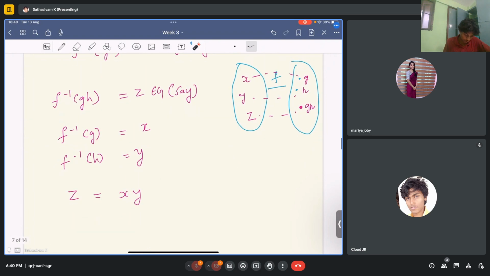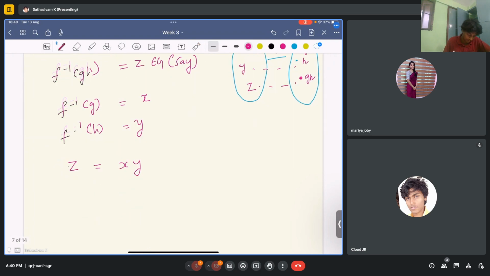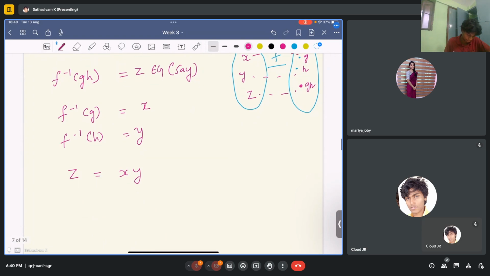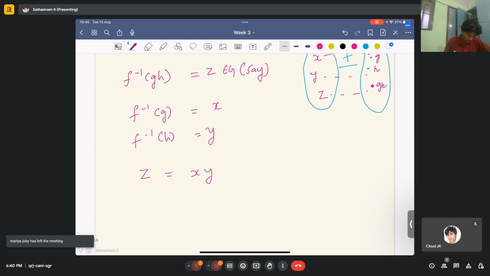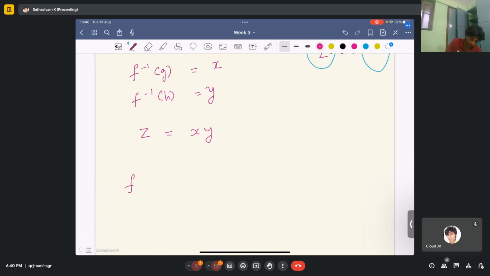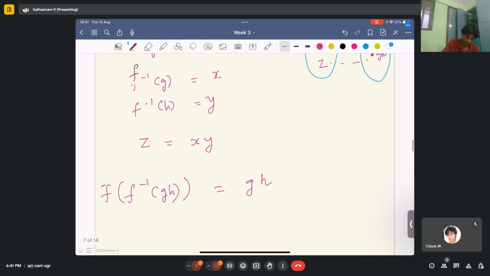Now apply that function here. So how do you prove it? You take Z, which is F inverse of GH, and you apply F to it. So this is nothing but GH.